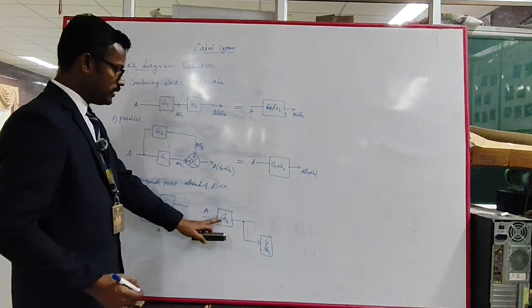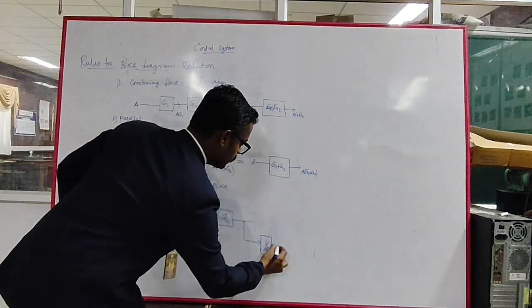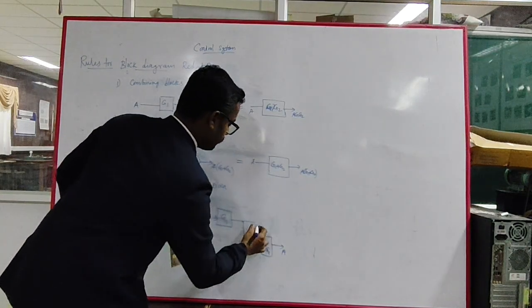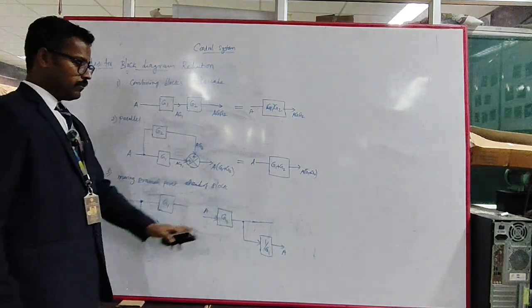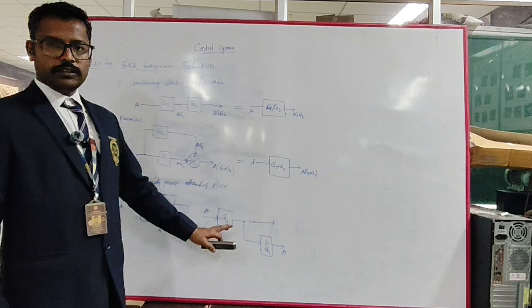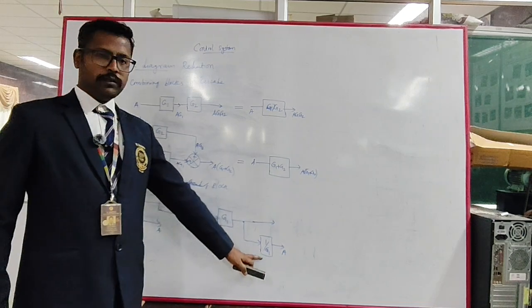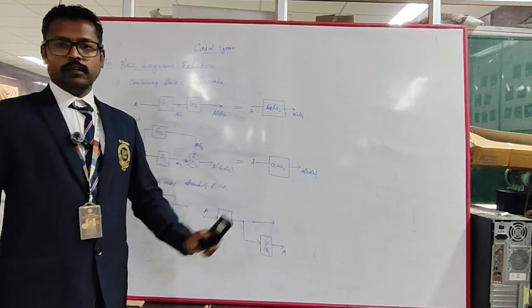If we multiply with 1 by G1, G1 into 1 by G1 will get cancelled, and we will get A as an output. So in this way, when the tapping point is ahead of the block, you just have to multiply with the inverse of the gain of the block.